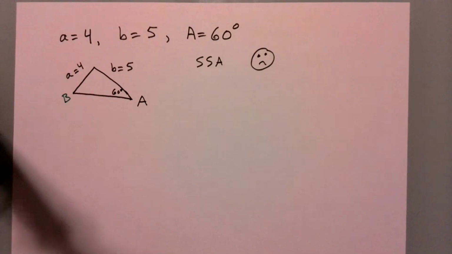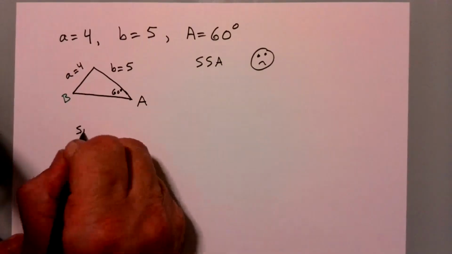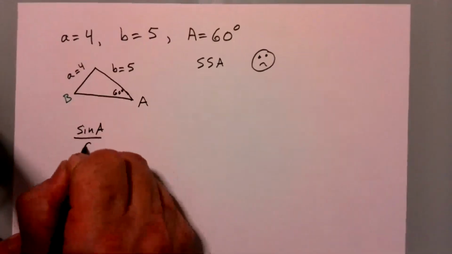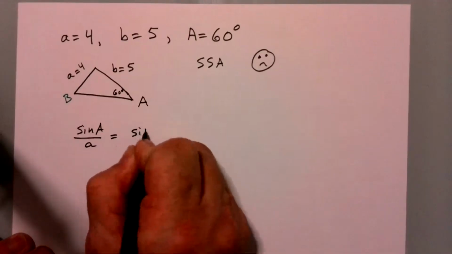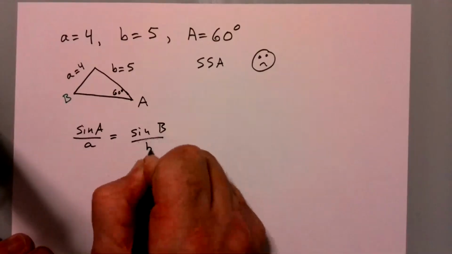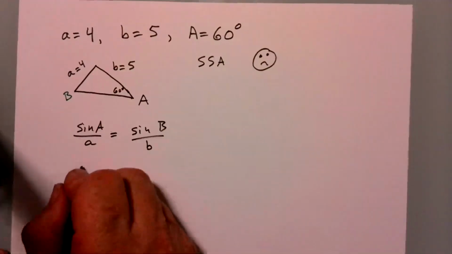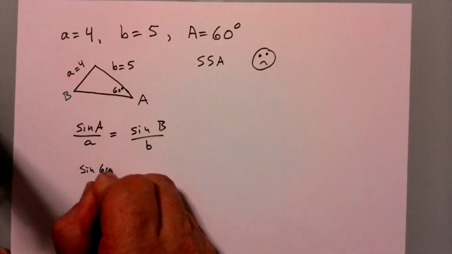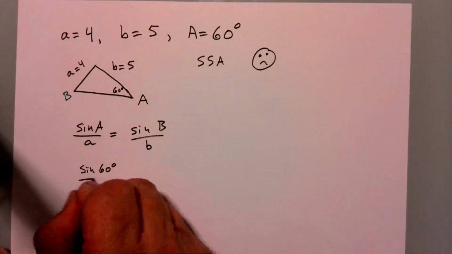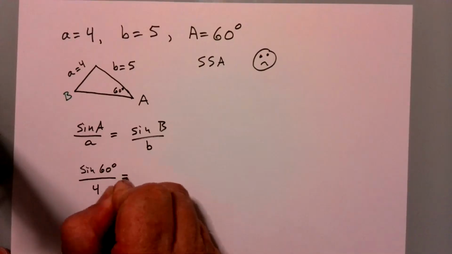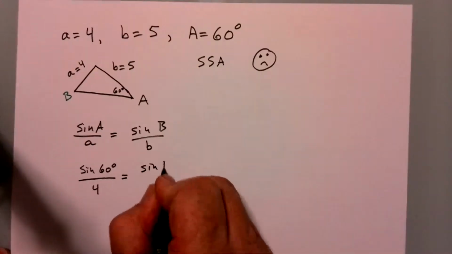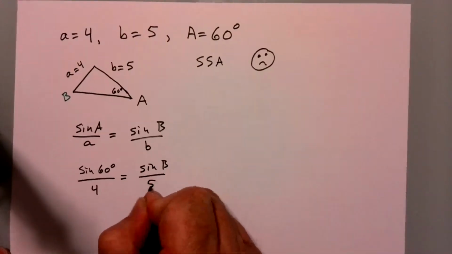So let's use our definitions here. Sine A over a equals sine B over b. What is angle A? 60 degrees. Sine of 60 degrees over a, which is 4, is sine of B over little b, which is 5.